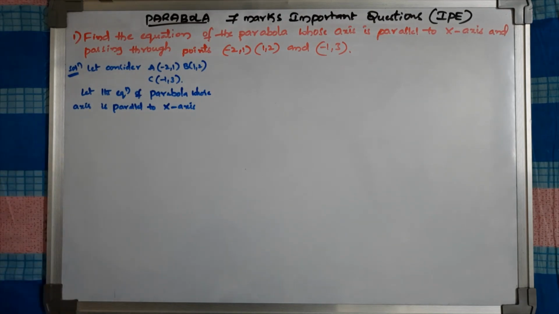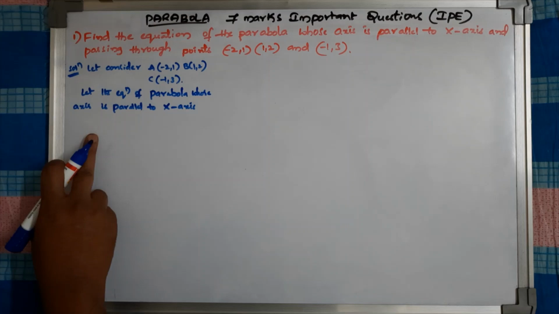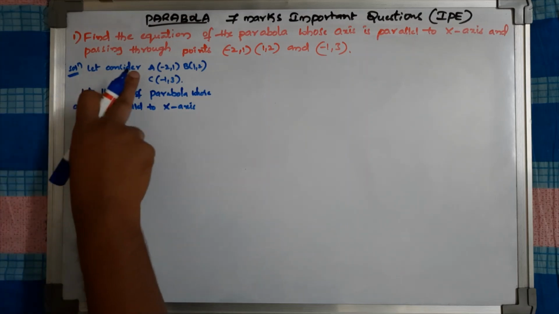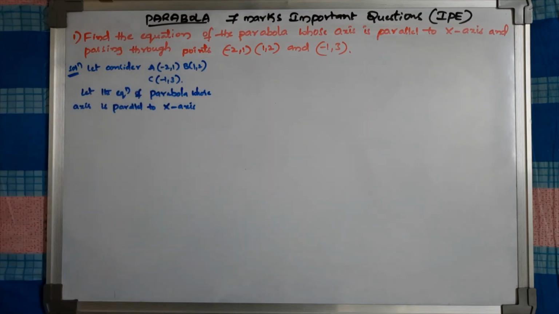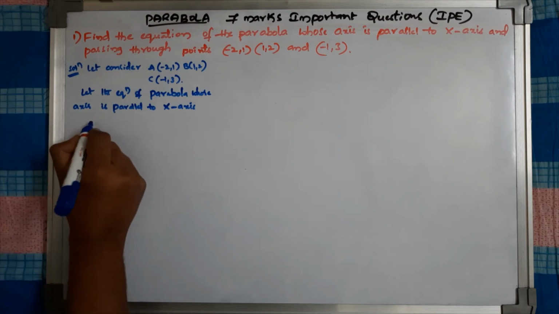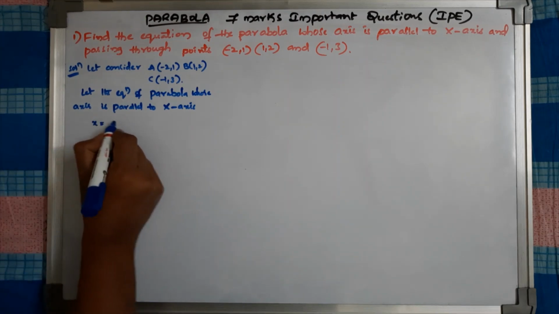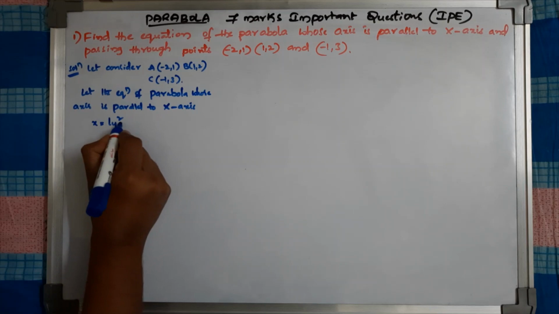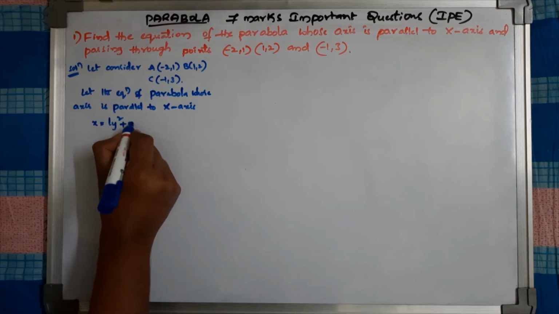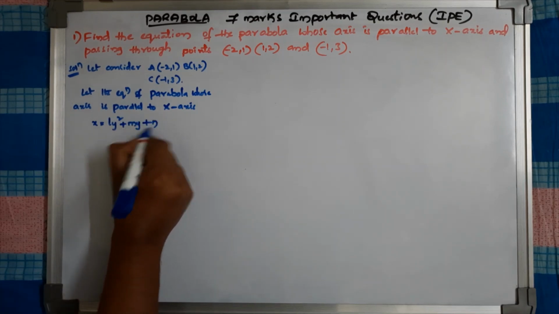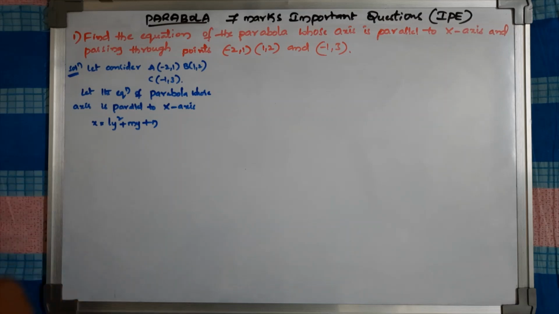For this type of equation, passing through A, B, C, the equation should be x = ly² + my + n. This is the required equation.